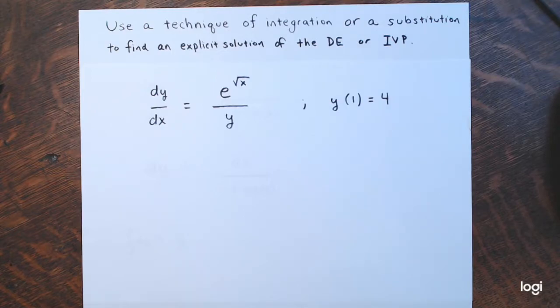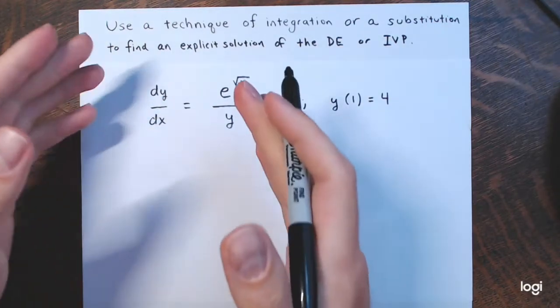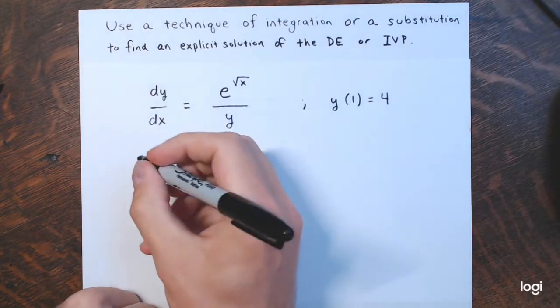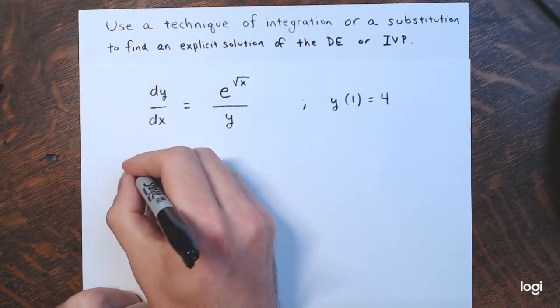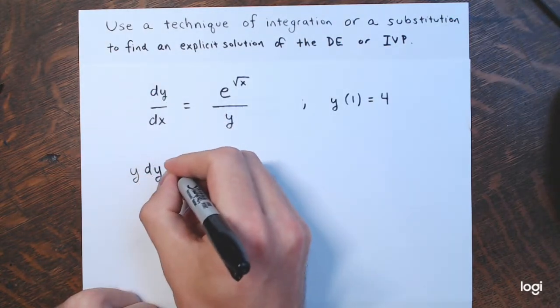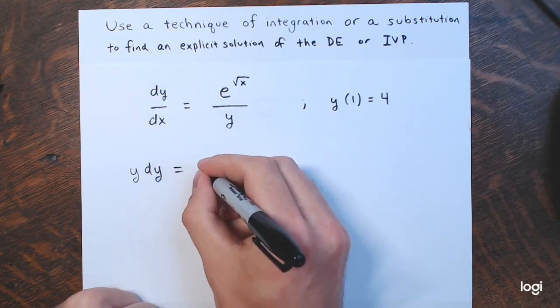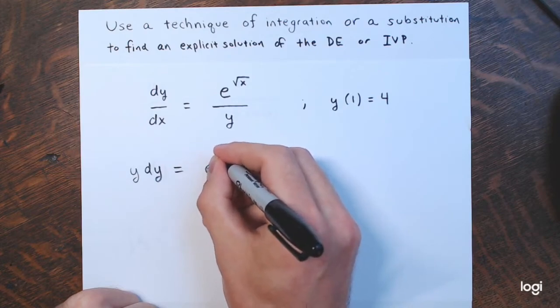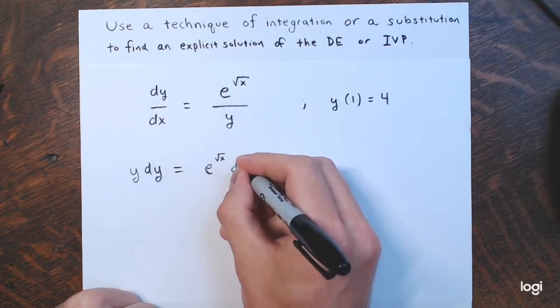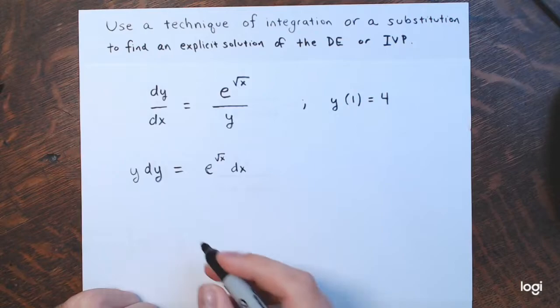All right, so again over here, this is separable. You can get the y's on their own side, multiply by y on both sides, you get y dy, multiply by the dx, you have e to the square root of x dx. Now the left side's simple.